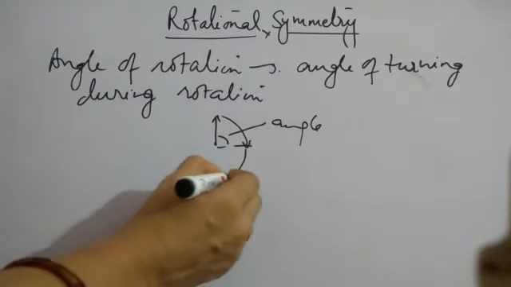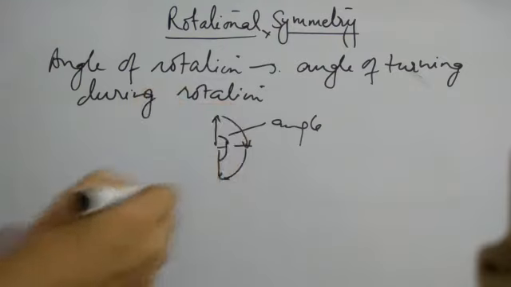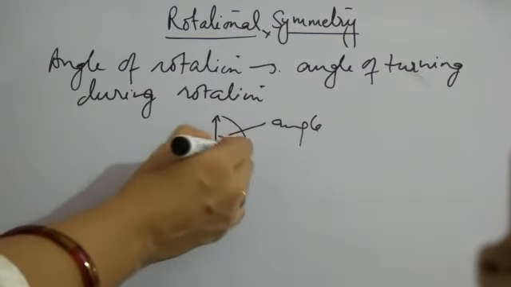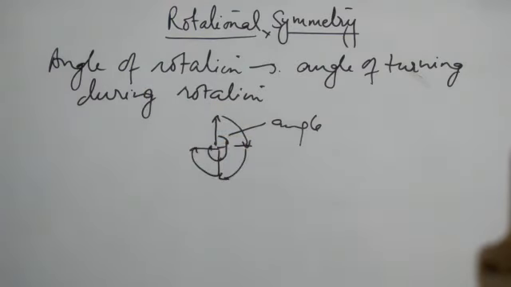Now when it moves up to here, this complete angle becomes the angle of rotation. So this is what is known as the angle of rotation, the angle of turning during the rotation, right?